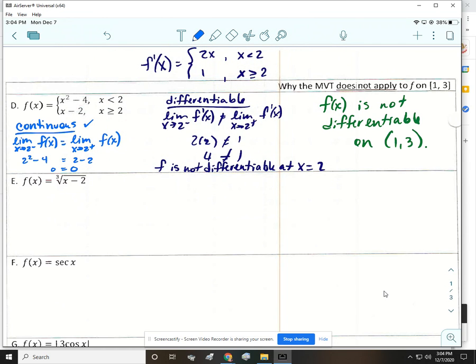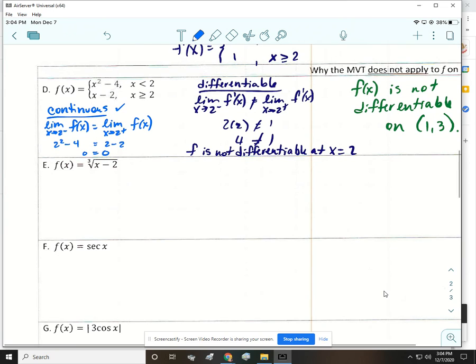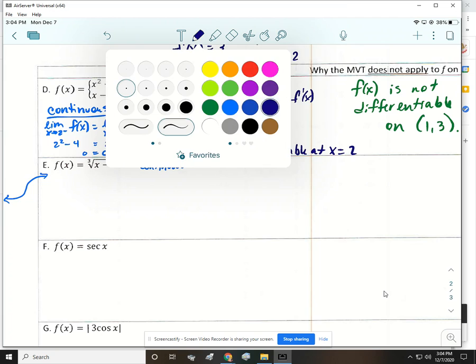Okay, so this next function, we have the cube root function, and cube root functions kind of look like the S. So cube root functions are going to be continuous everywhere. So continuous, we're in good shape. So let's check out differentiable.